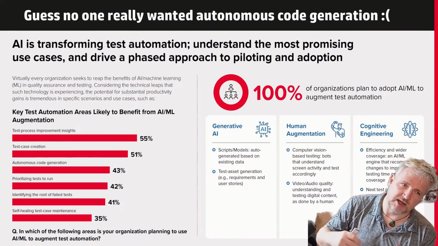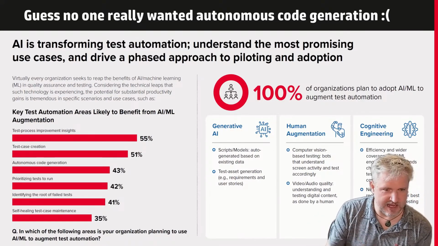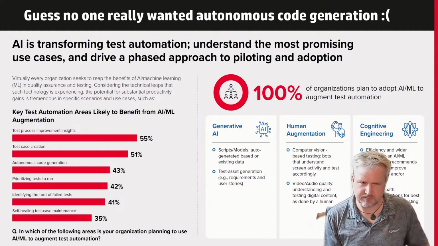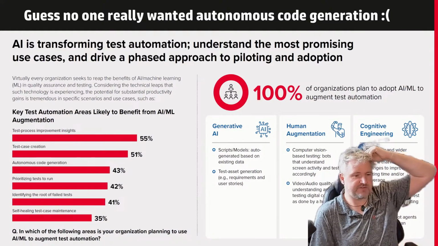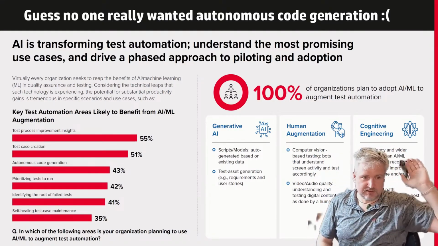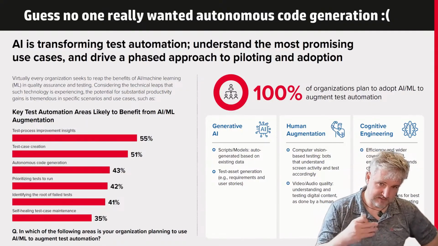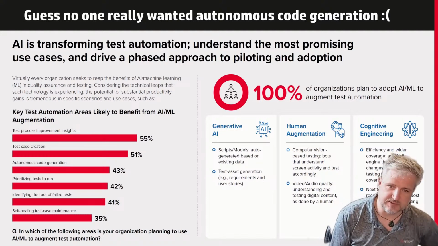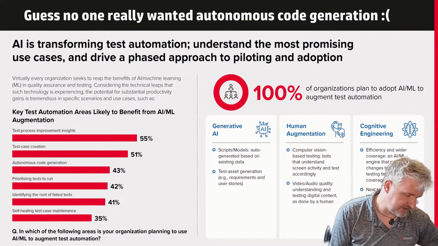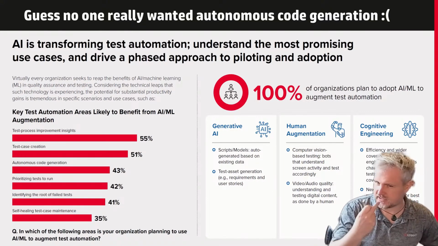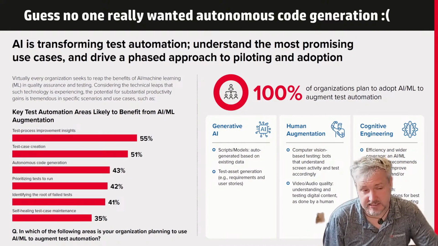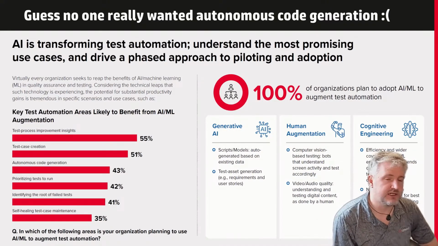So the numbers are quite strong, but when we went out, and this is another IDC thing we put together a few years back, the feedback was: autonomous code generation, great, but test design was a big component for people that needed help. I know this might bring a lot of controversy because people say maybe test design patterns can't be done by these systems.